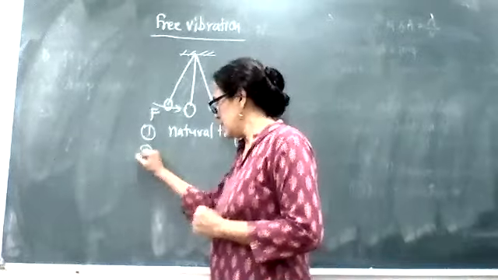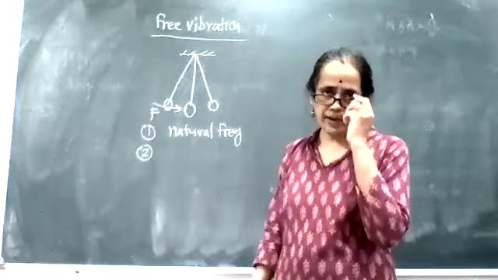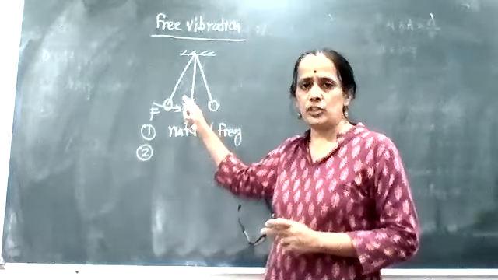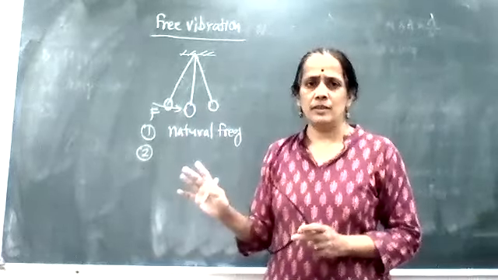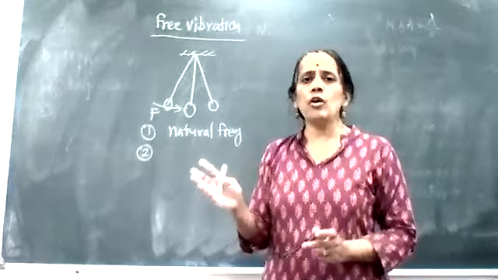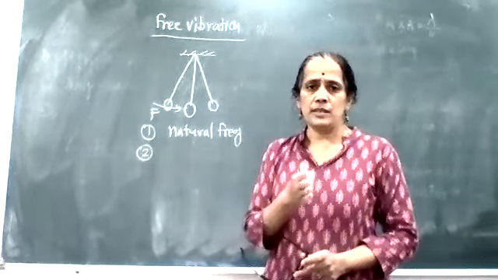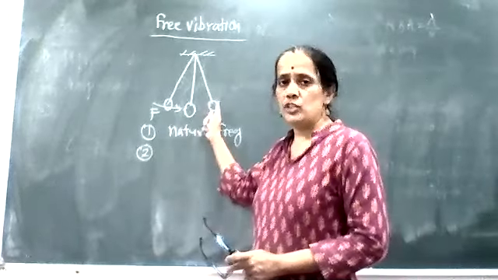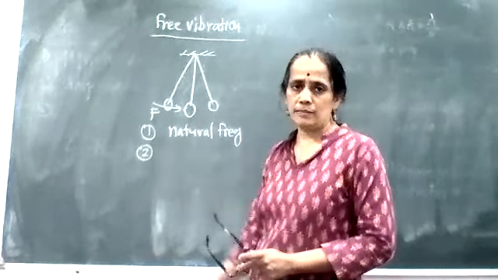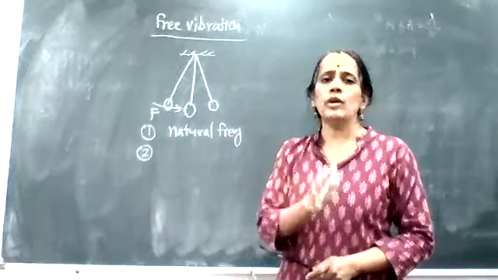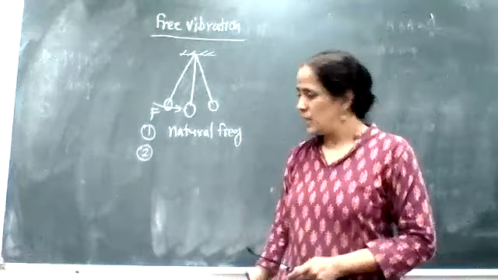The second characteristic comes from the example of the simple pendulum. If you set the pendulum into vibration and just release it, and observe the vibrations, what is your observation? As time passes, the amplitude of vibrations goes on decreasing, and finally the pendulum will come to rest. Means what?